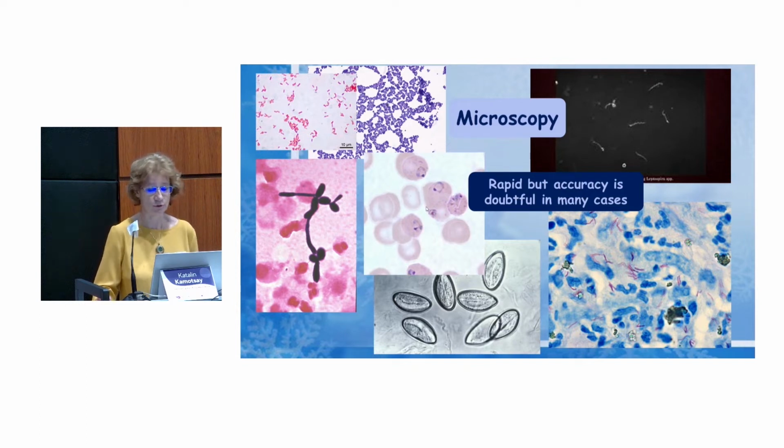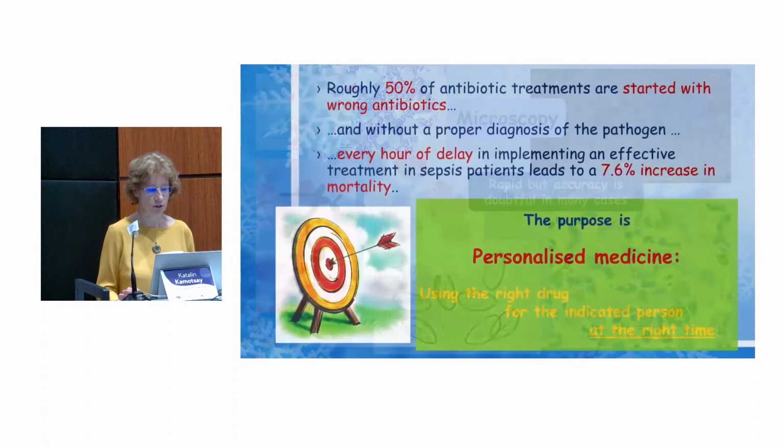We can be quite suspicious if the clinical case is like tuberculosis and we have this picture, but we need some further investigations to make sure. But many times, if we see these pictures on the microscope, we have to go on. So it's rapid and gives us information, but not very punctual information.